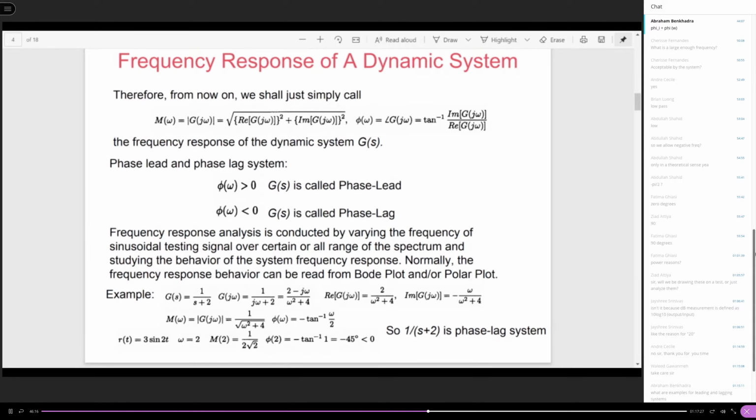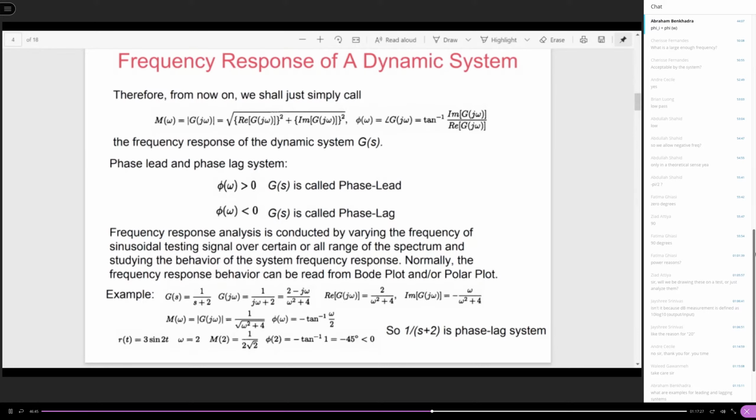And besides, like what I said, we can use phi of omega to classify a system into a phase lead or phase lag system. That is very good. The information is rich here.